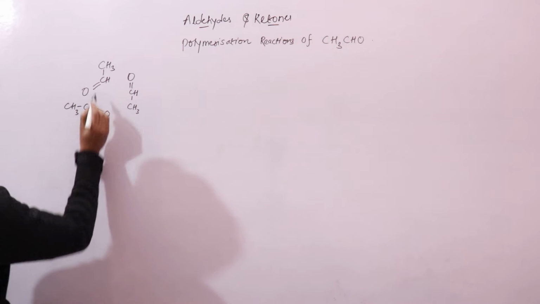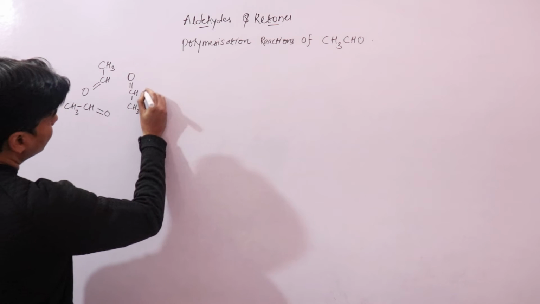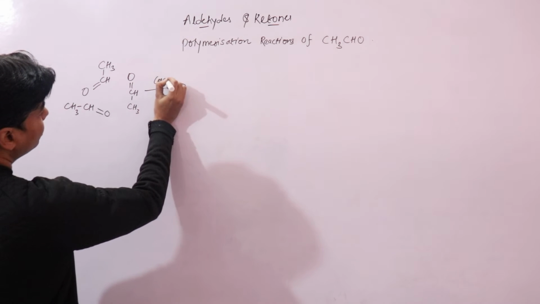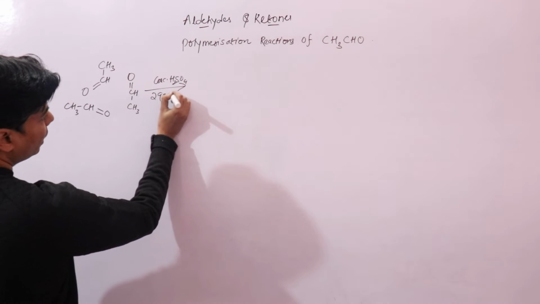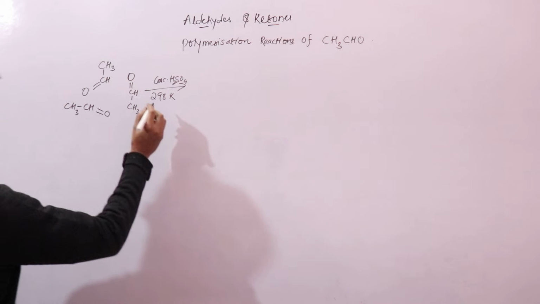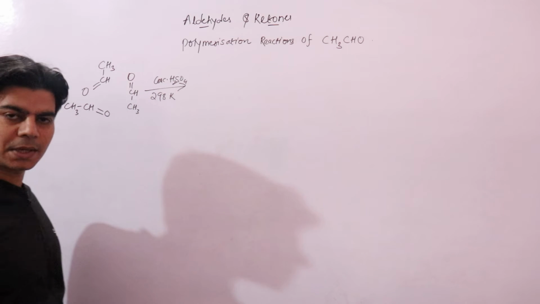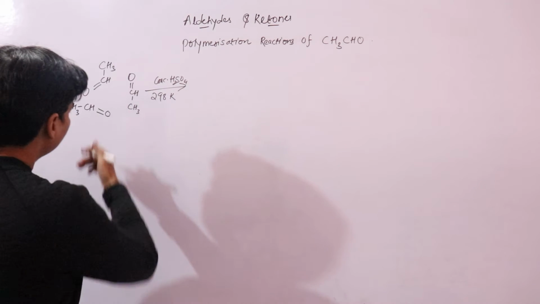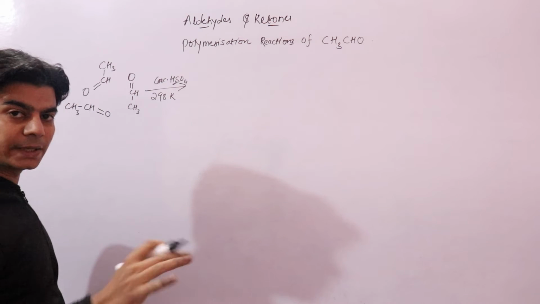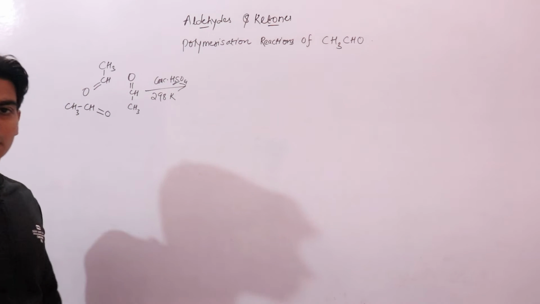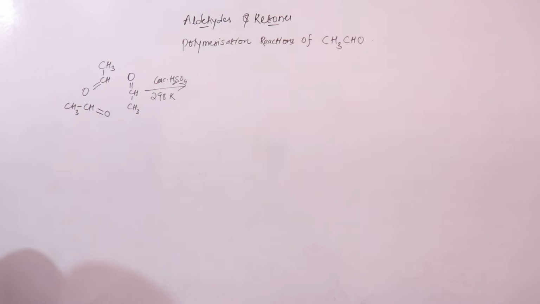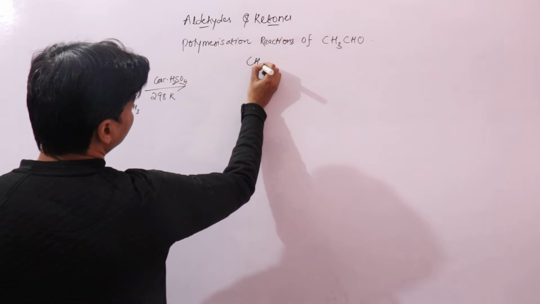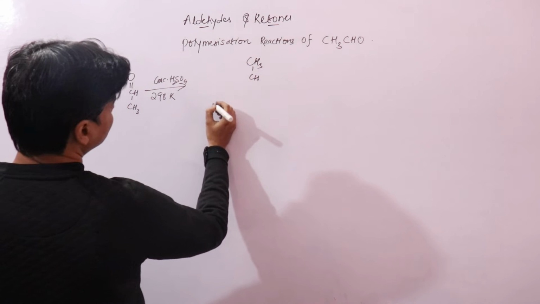Now these 3 molecules of acetaldehyde, with concentrated sulfuric acid at room temperature, which is 298 Kelvin, will undergo an exothermic reaction. An exothermic reaction is where heat is liberated, and it will form a cyclic trimer which we call paraldehyde. So just learn how to make this, this is important.